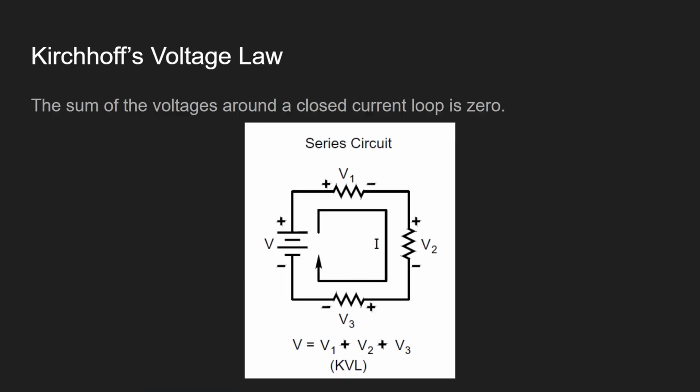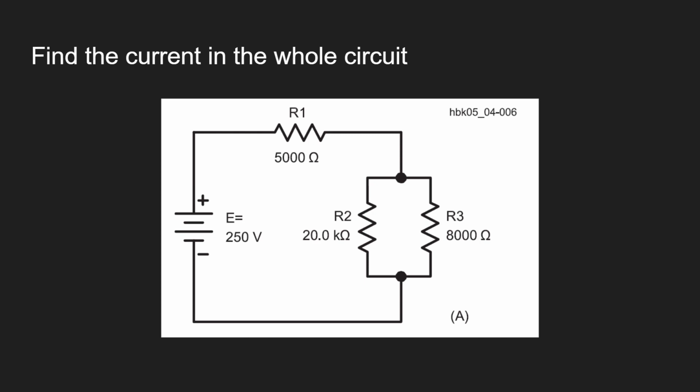Kirchhoff's law tells you that the voltage of a loop is equal to the source, right? So that's why the voltage will drop across R1, and this is R2 and R3. At this black point, the voltage is the same, and R2 and R3 will have the same voltage across them. Okay, this is from KVL, and let's go a bit deeper.